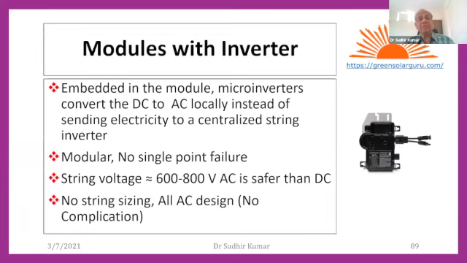You keep 1000 volt, you can go to 2000 volt, no problem. So string sizing is not required. You don't have to restrict that only 20 modules can be attached, or only 30 modules can be attached. Here you can have any number of modules. If you have a micro inverter with this, you can have any number of modules attached to it. So it is all AC design, no complication. We are very familiar with AC design. So no complication, all AC design.